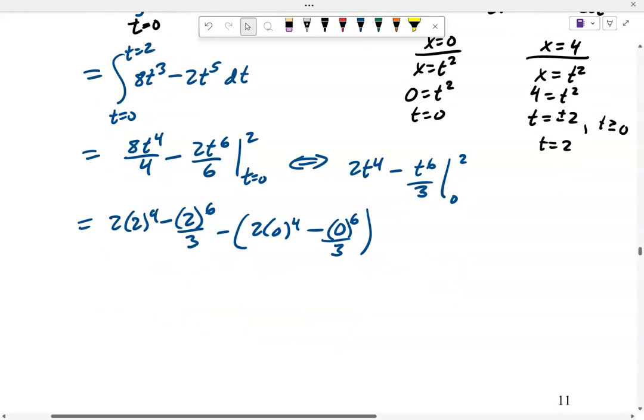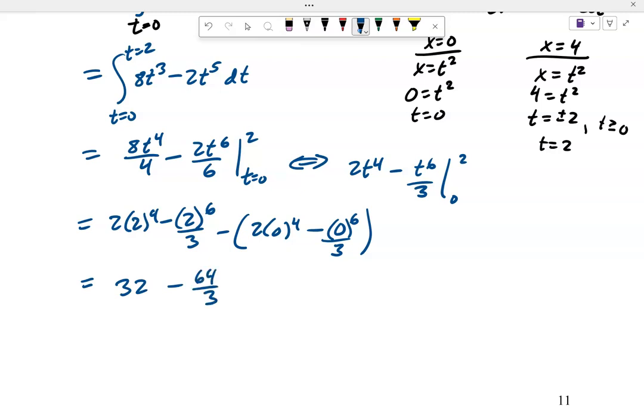So we got 2 times 16, I got 32 minus 64 over 3. So we got 96 over 3 minus 64 over 3. 32 over 3.